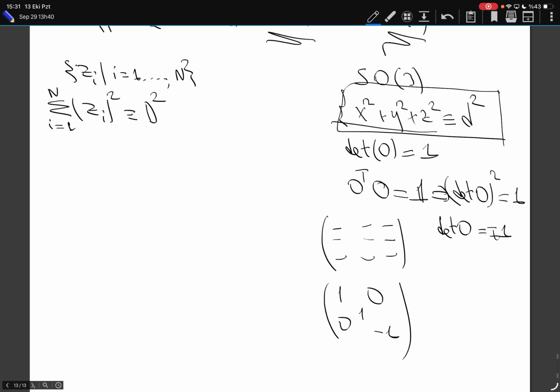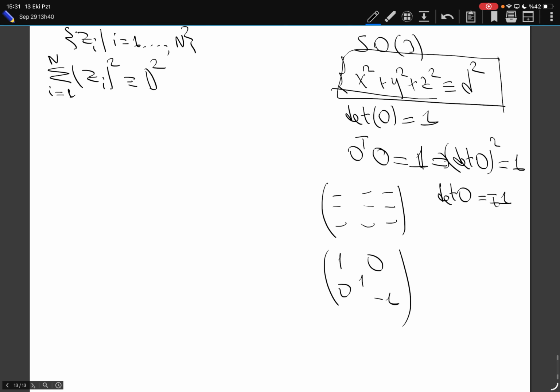So it's said that there's an O3. All transformations that leave x squared plus y squared plus z squared invariant is actually O3. O3, I can divide it into two: transformations that have determinant 1, the other one, transformations that have determinant -1.